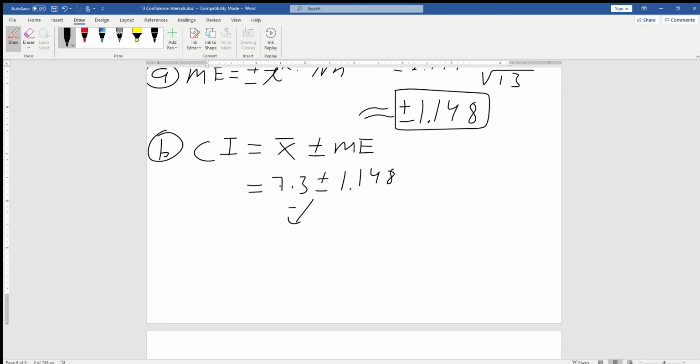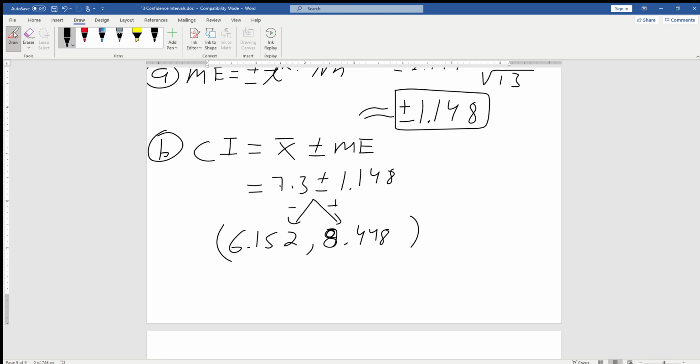Just like before, you subtract and you add. For my lower bound, I got 6.152. For the upper bound, we add and end up with 8.448.